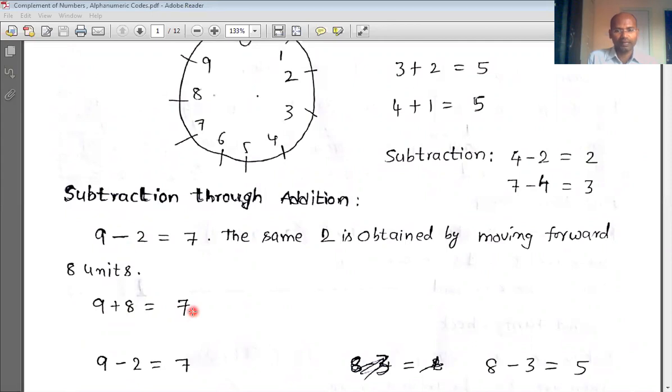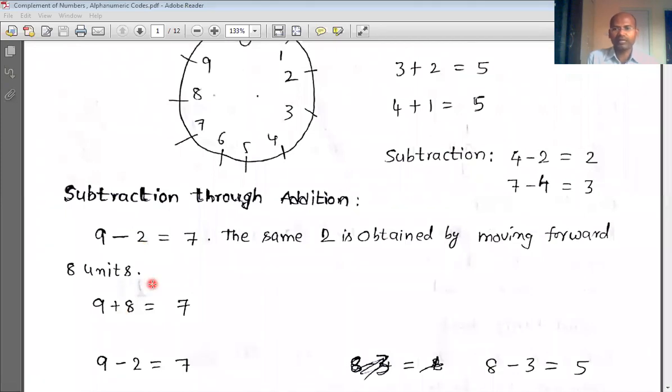Okay. Now our task is to relate how this 2 is related to 8. If you develop a relationship between 2 and 8, then subtraction can be done through addition.